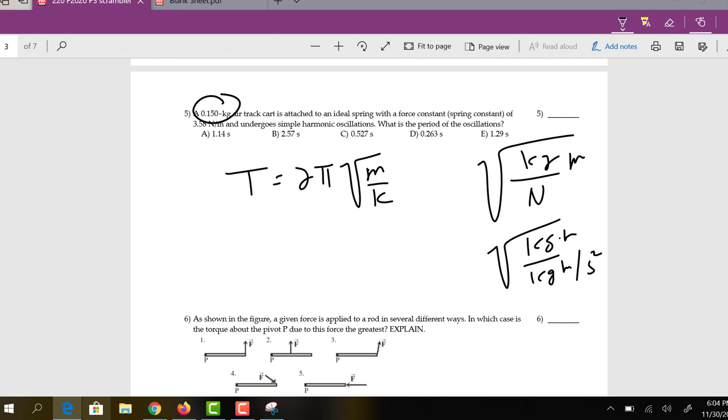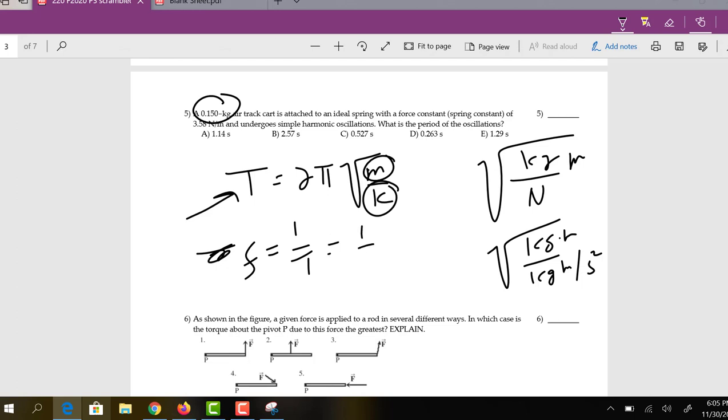So we actually have everything. They're asking for what's the period. Here's a formula that says the period is equal to, and we have everything. Mass is in kilograms, spring constant in newtons per meter, which we need. So the period will come out in seconds. So put the numbers in for that one. The only other thing to mention here is that the frequency is 1 over the period.